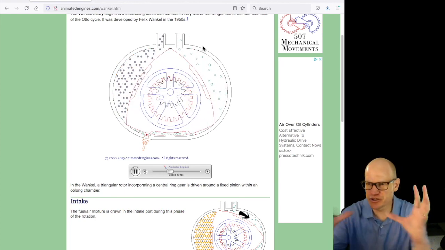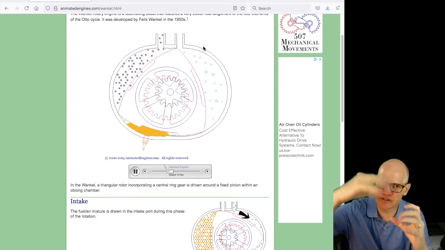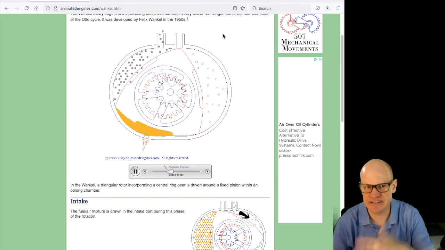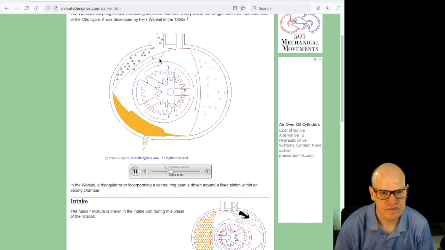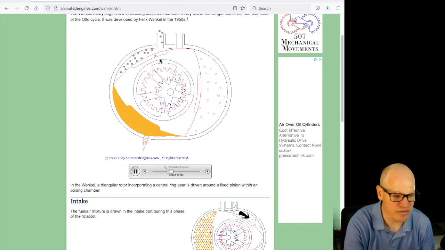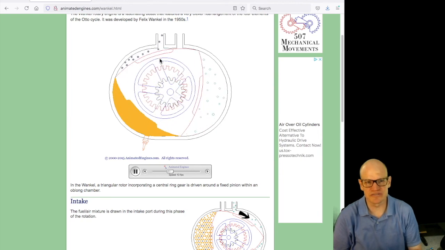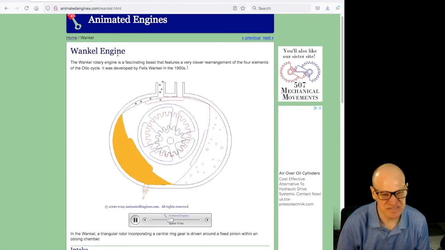You bring gas in, you compress it, you change the chemical composition, you release that energy to drive the pressure up, and then you use that extra pressure to expand the gas, and you extract that energy from the expanding gas. I don't remember if it was Mitsubishi or Mazda that used the Wankel engine for quite a while. Developed in the 1960s. That's kind of cool. Mazda. Okay.